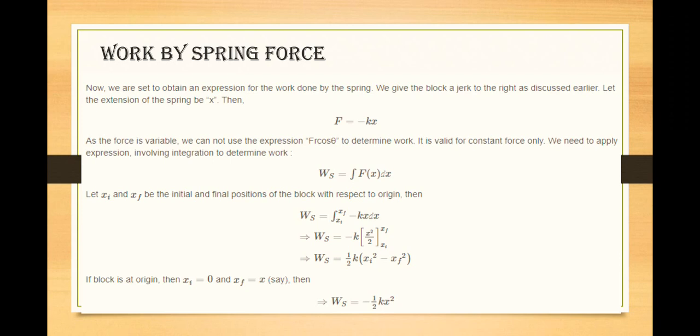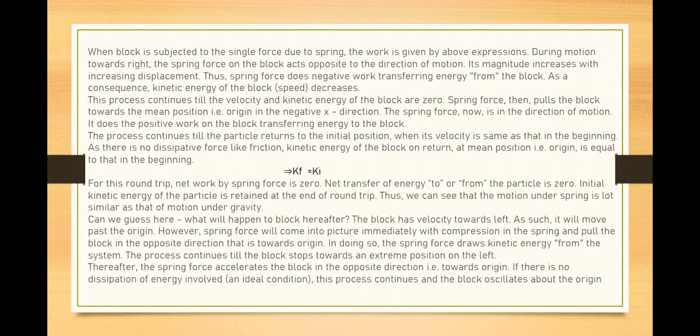W is equal to minus k x square by 2, which gives W is equal to 1 by 2 k (xi square minus xf square). If the block starts at the origin, then xi equal to 0, our initial position is 0, and xf equal to x. Substituting the xi and xf values, we get minus 1 by 2 kx square.